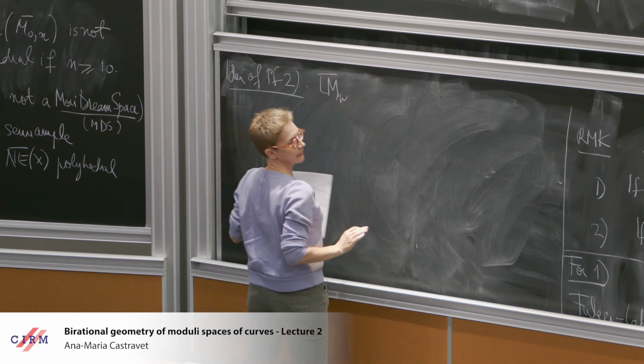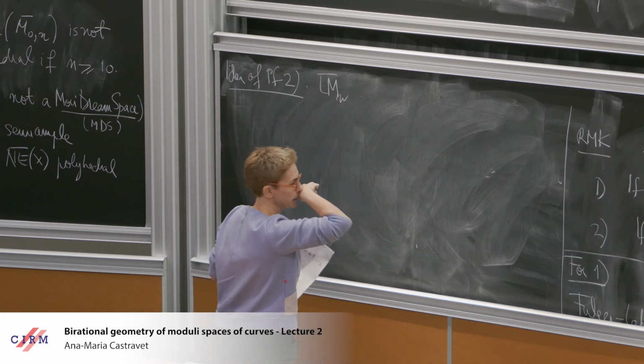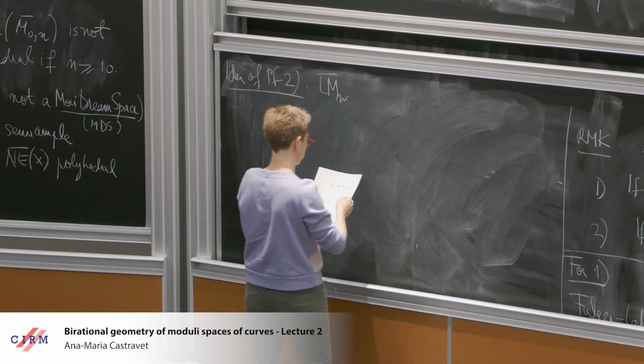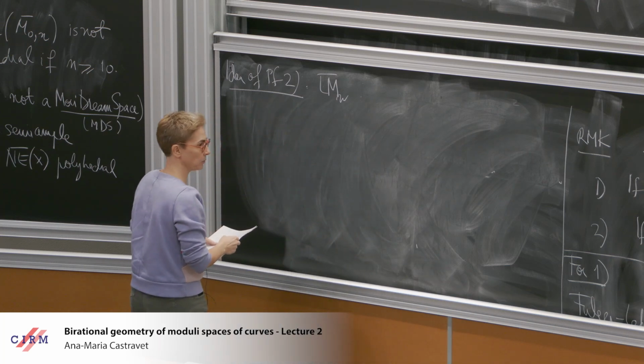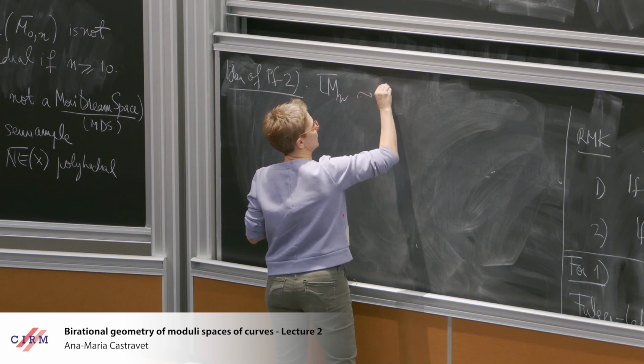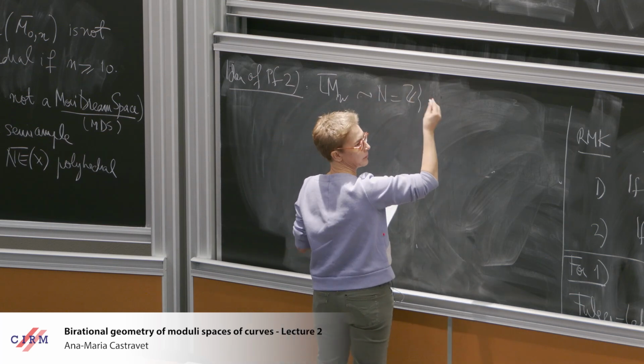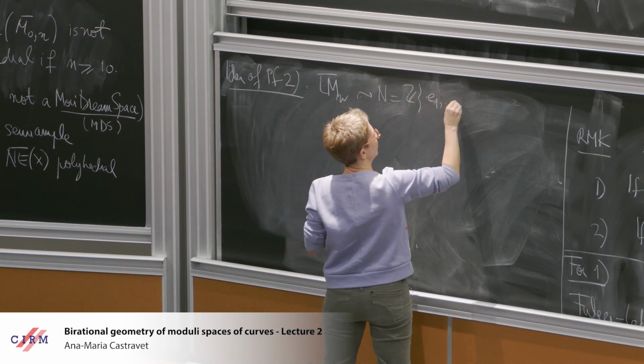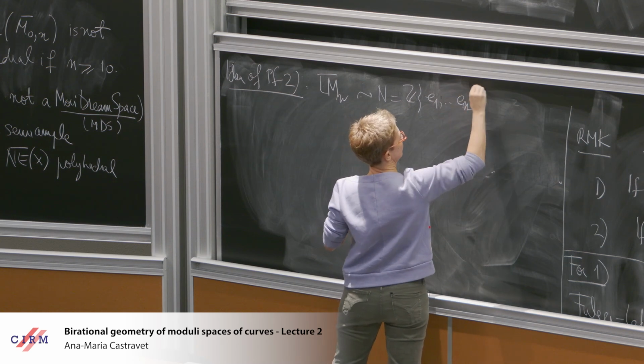We said this is a toric variety obtained from a projective space by blowing up its torus invariant points and all the torus invariant strata. So the lattice associated with this is the lattice of a projective space described torically.